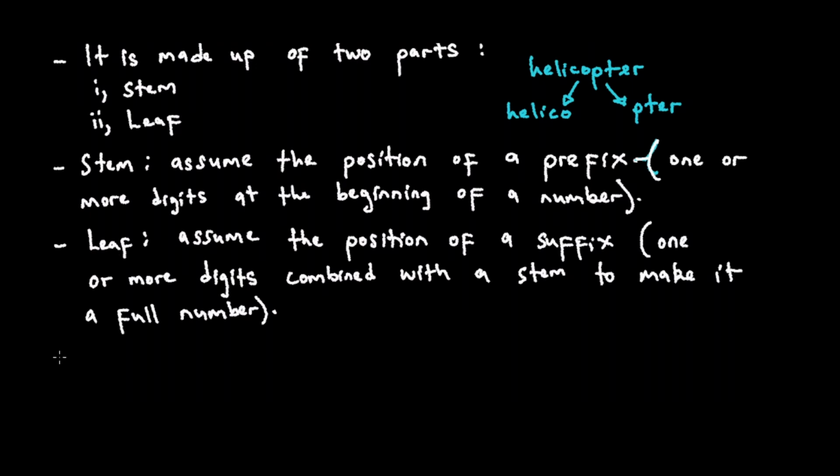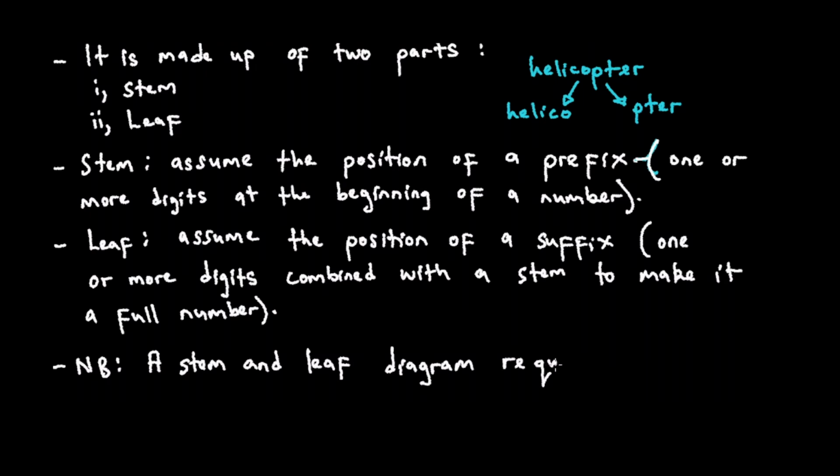Saka, this is now very important. Note this. Our next point is a nota bene, very important. A stem and leaf diagram is valid if there is a key to interpret the results. Saka, a stem and leaf diagram requires a key.